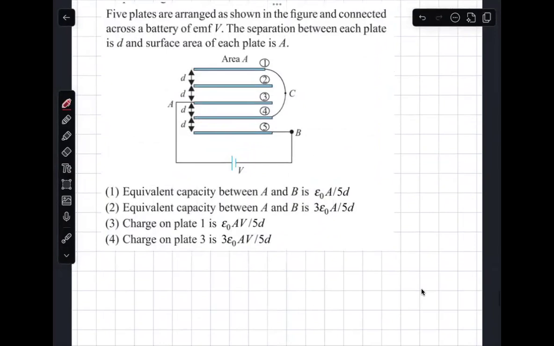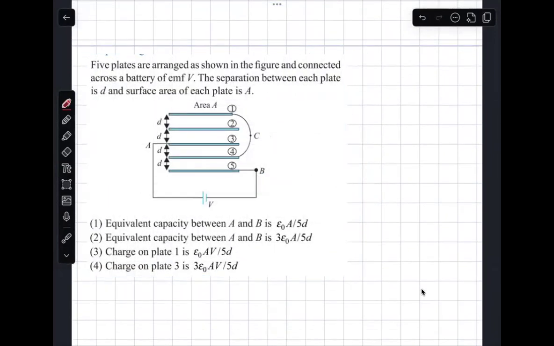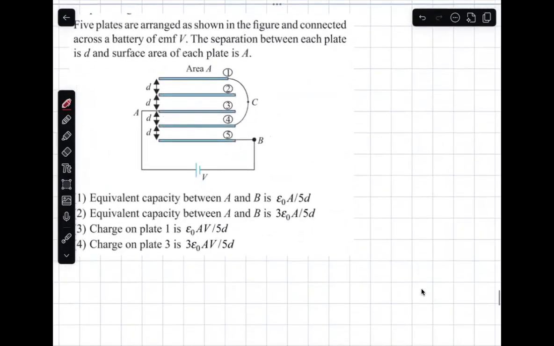Now, this is a challenge for you. Honestly, this is a good question.